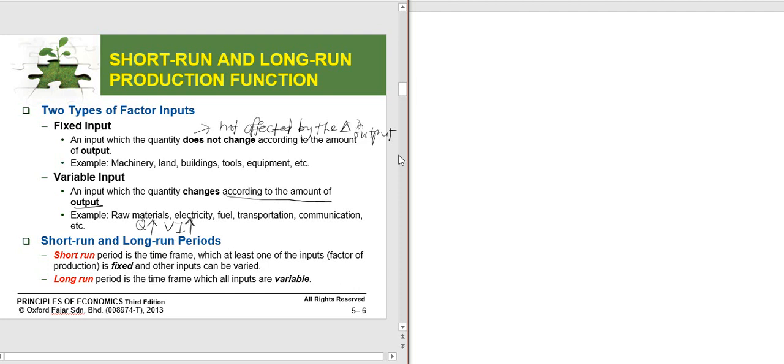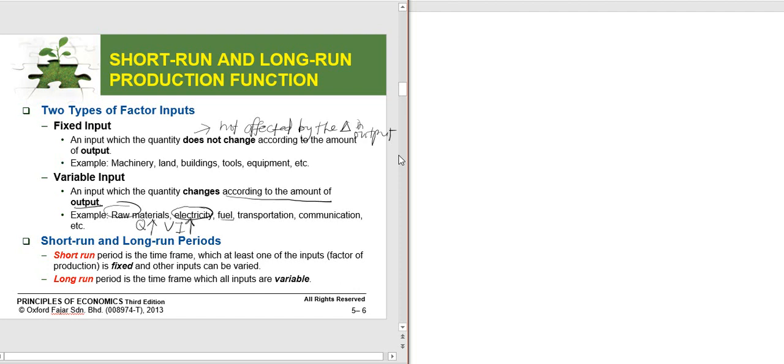For example, if you want to produce more of a certain product, you need more of the raw materials. Let's say if you want to produce t-shirts, you need more fabric. If you want to produce more t-shirts, you are going to use a lot more electricity in your production.